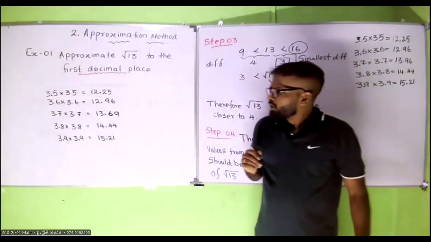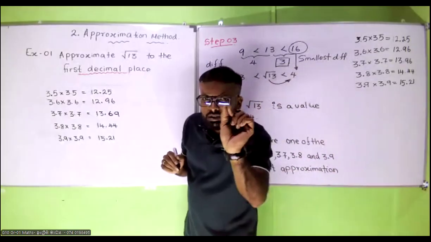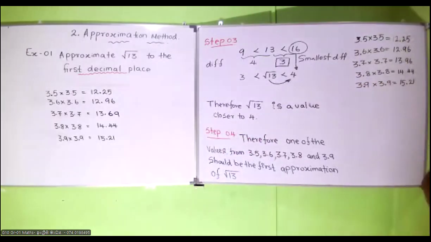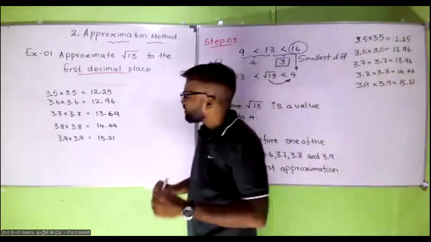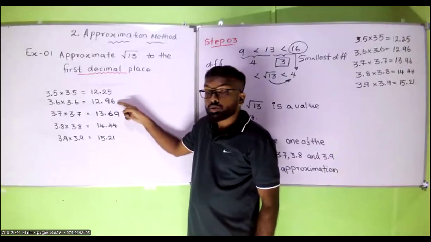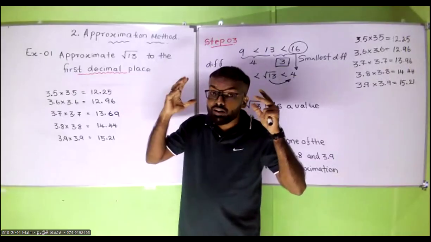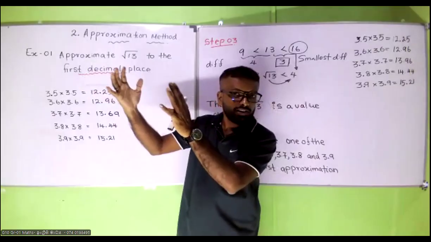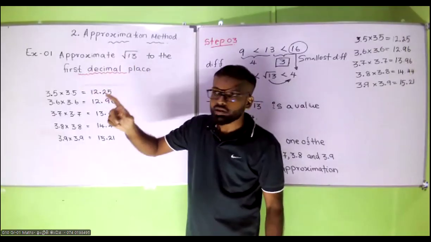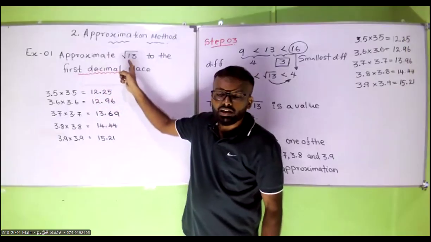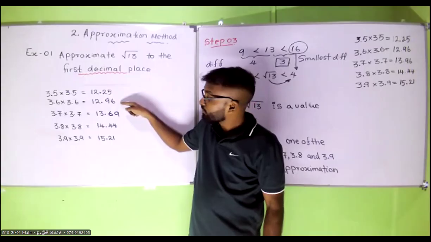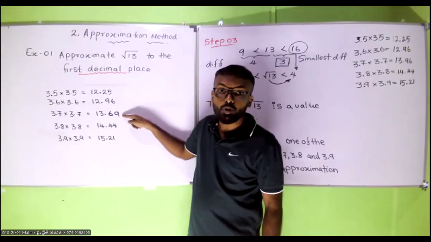Now you need to understand a little bit of thing. This is 12.25. This is 12.96. Now you need to think, approximate to which number? 13. 12.25, 12.96, 13.69.